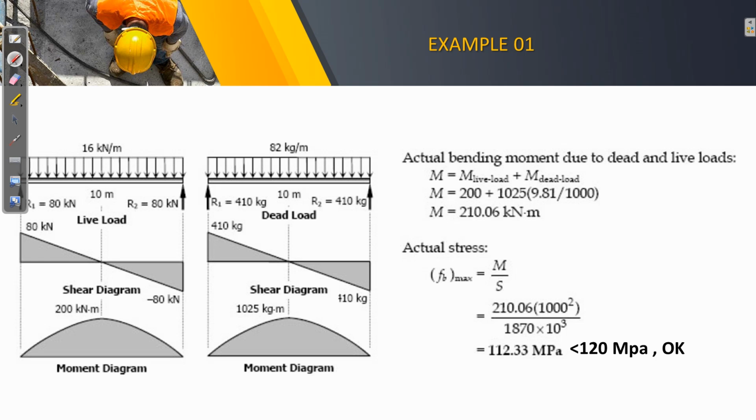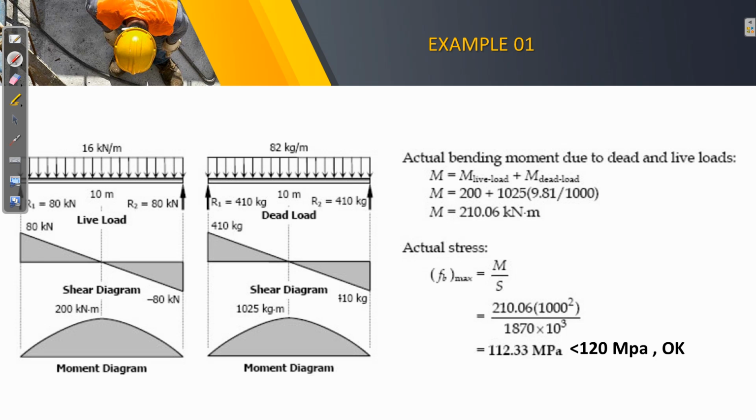So finally the actual stress will be equal to M over S, where the moment is 210. Again, we multiply it by 1 million to make it Newton millimeter, divided by your section modulus, which is 1870 times 1000.